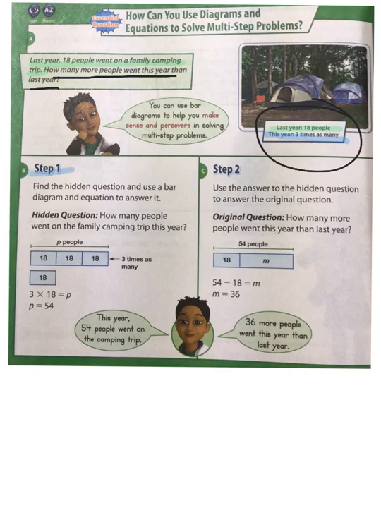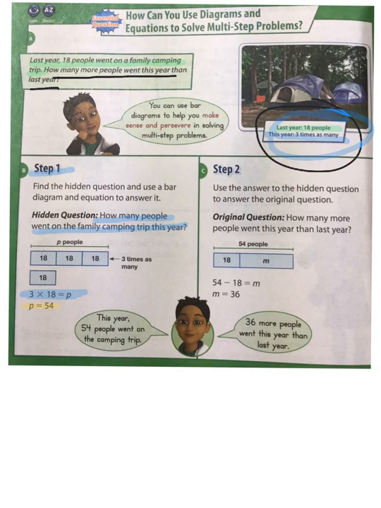Let's look at step 1. So we've already found our hidden question, so we need to do 18 times 3 to find out how many people actually went camping this year. And if we multiply 3 times 18, this is our equation right here, what I just highlighted. We're going to get that there are 54 people.